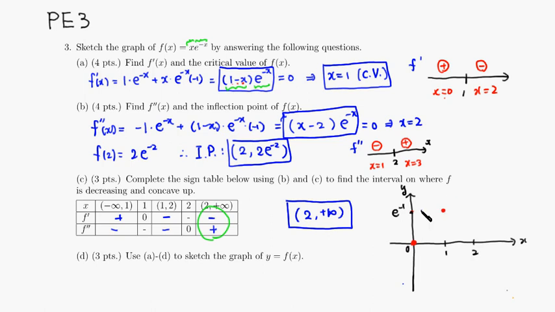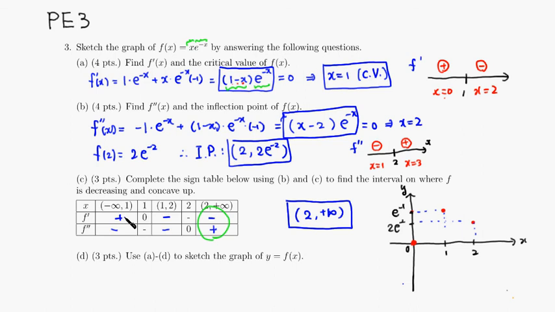Also the inflection point is 2, 2 e to the negative 2, so it's going to be smaller than e to the negative 1. I'm going to just put a dot there. So we're going through those points.